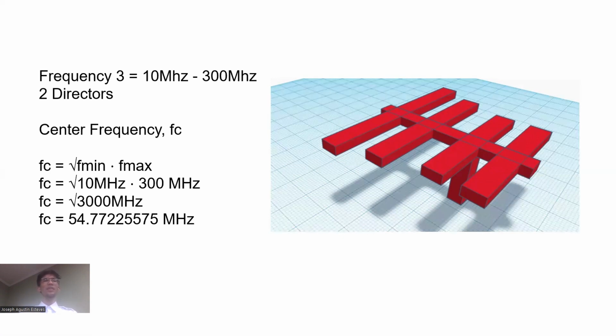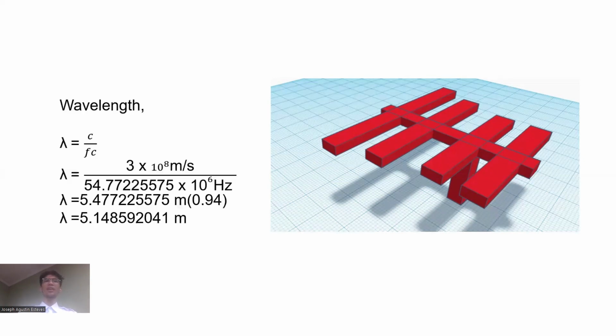And we're going to have 3000 megahertz, and the square root of that is 54.77225575 megahertz. Second, the wavelength, or the lambda: we're going to take C divided by FC, which is 3 times 10 to the power of 8 meters per second over 54.77225575 times 10 raised to the power of 6 hertz, which is equal to 5.477225575 meters.